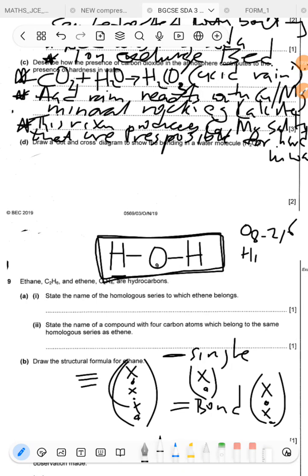So the second shell, third, fourth, fifth, etc., house a maximum of 8 electrons. So the first shell will get the 2, and then 8 minus 2, we are left with 6, and that 6 goes to the second shell. As for hydrogen, the first shell will get 1 electron, and then the electrons are finished.